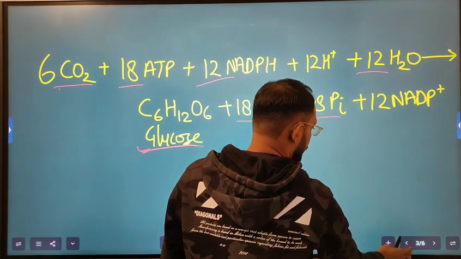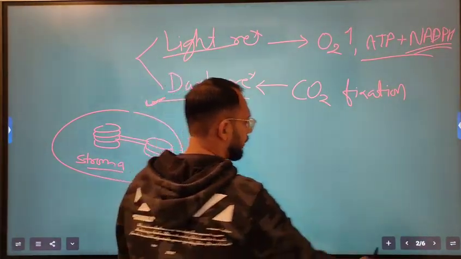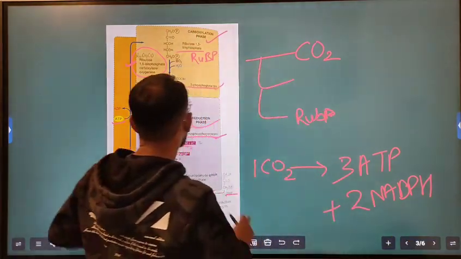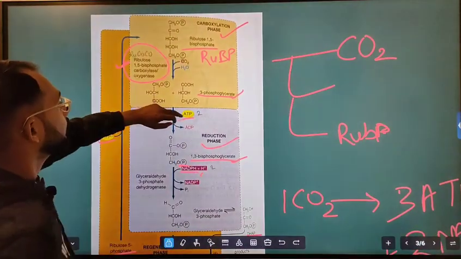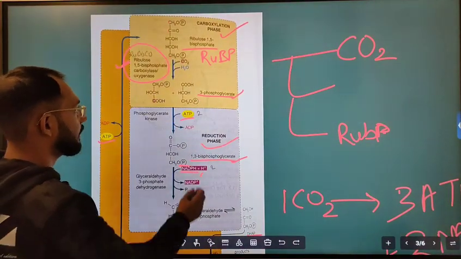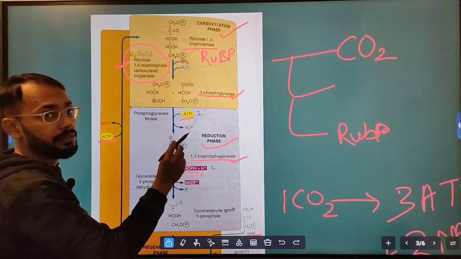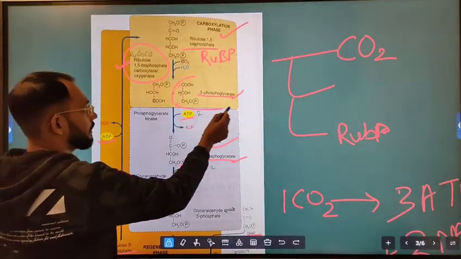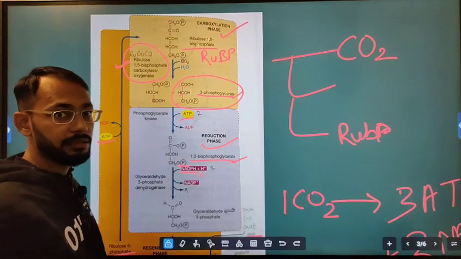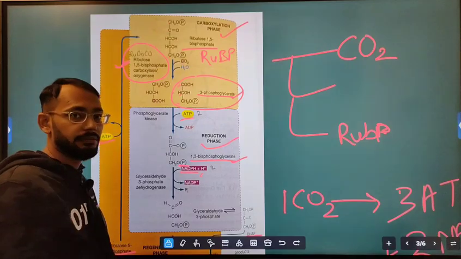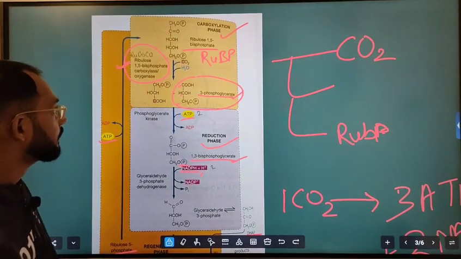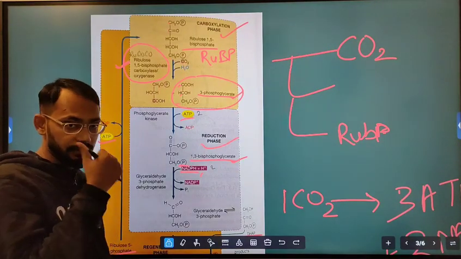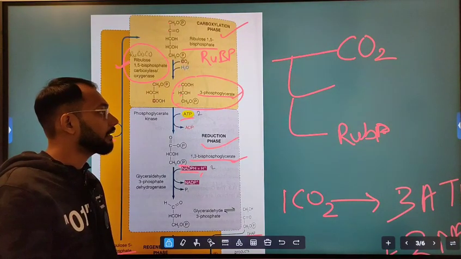Okay, so one more thing, this Calvin cycle is known as C3 cycle. Why is it known as C3 cycle? Because the first stable product of this cycle is 3-phosphoglycerate, which is a 3 carbon compound, 1, 2 and 3. 3-phosphoglycerate is a 3 carbon compound, hence the term C3 cycle is given. And this is the second phase of photosynthesis, which is termed dark reaction.